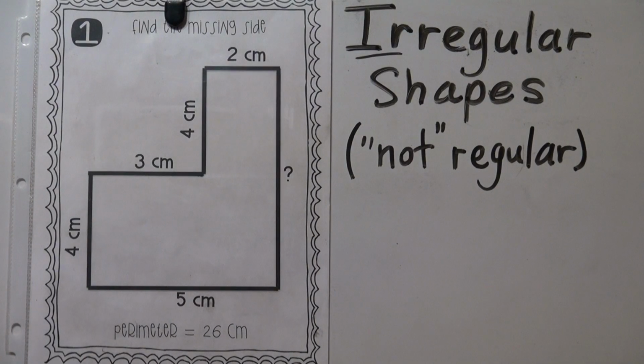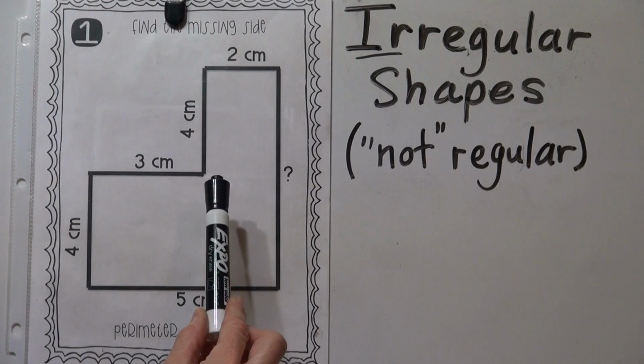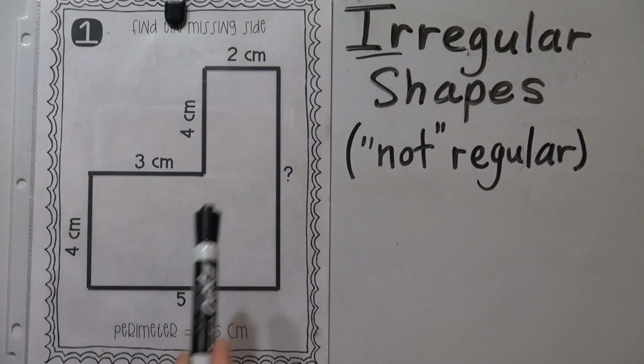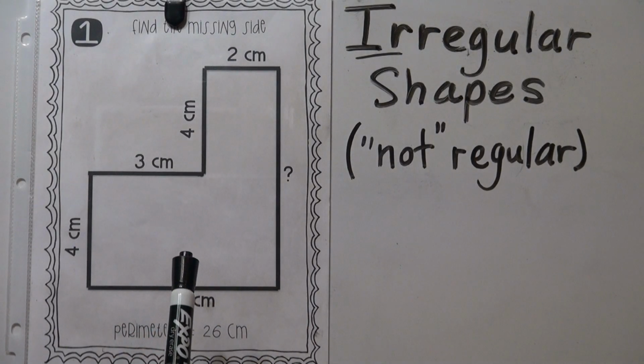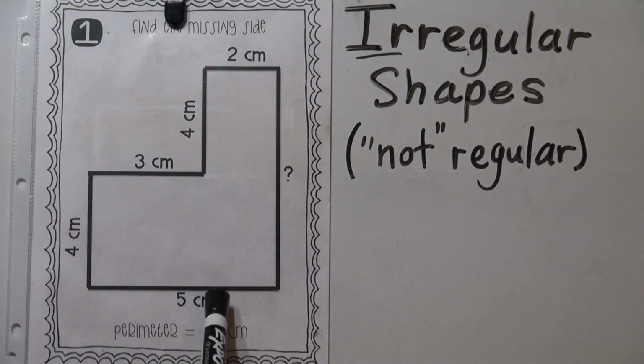The first step is to divide your irregular shape into smaller regular shapes. And you do this by adding a line to create a border between them. Just know that there's usually two different ways to divide these, and be aware of that because sometimes one way might be easier to solve than the other. So let's take a look here.